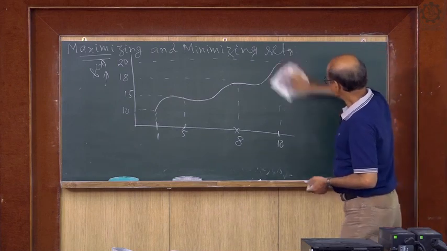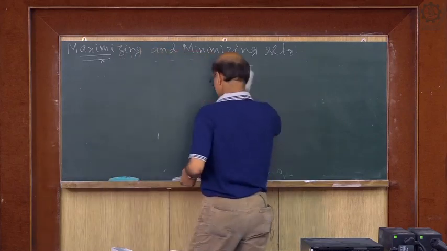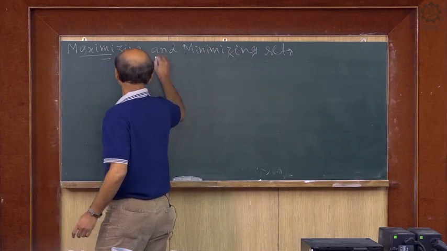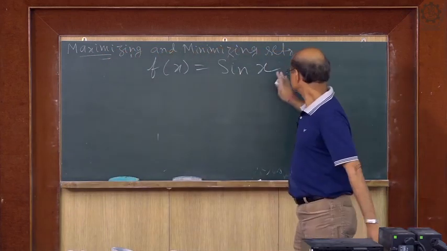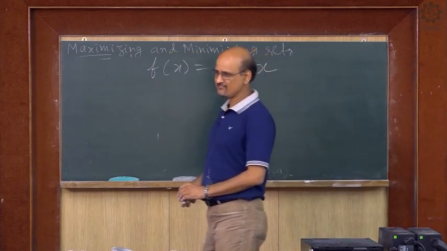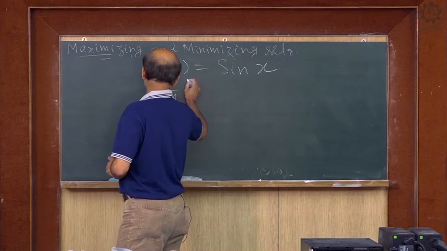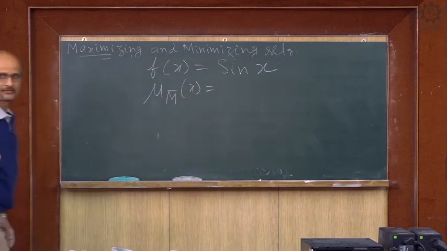Now if I say your f(x) is some continuous function, suppose f of x is sin x. Finding maximizing means finding mu m bar of this x, very easily.